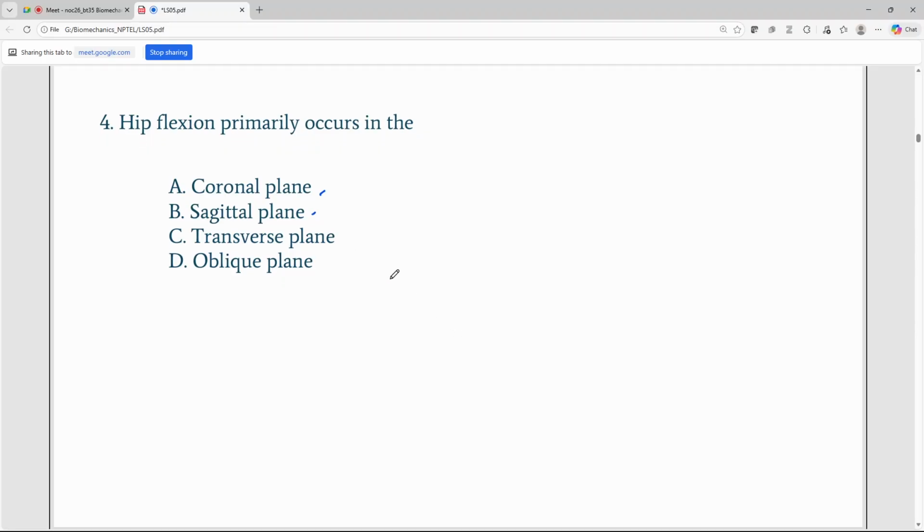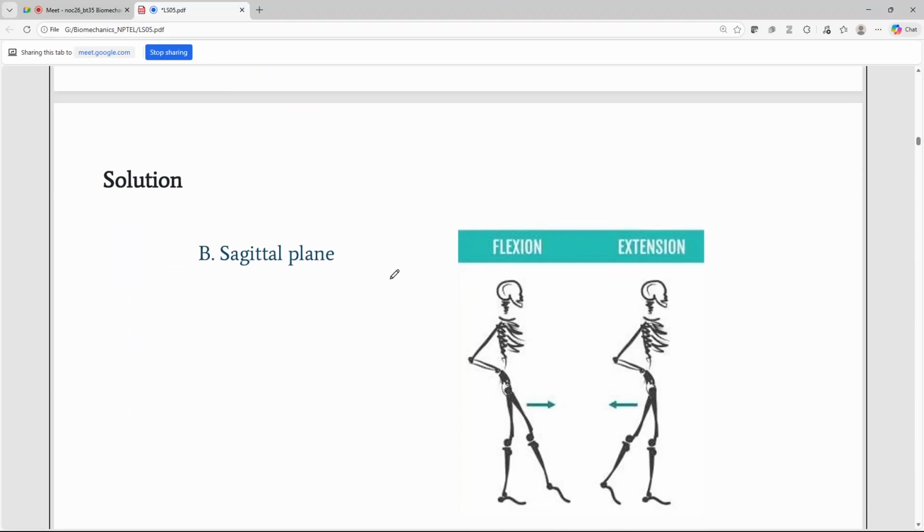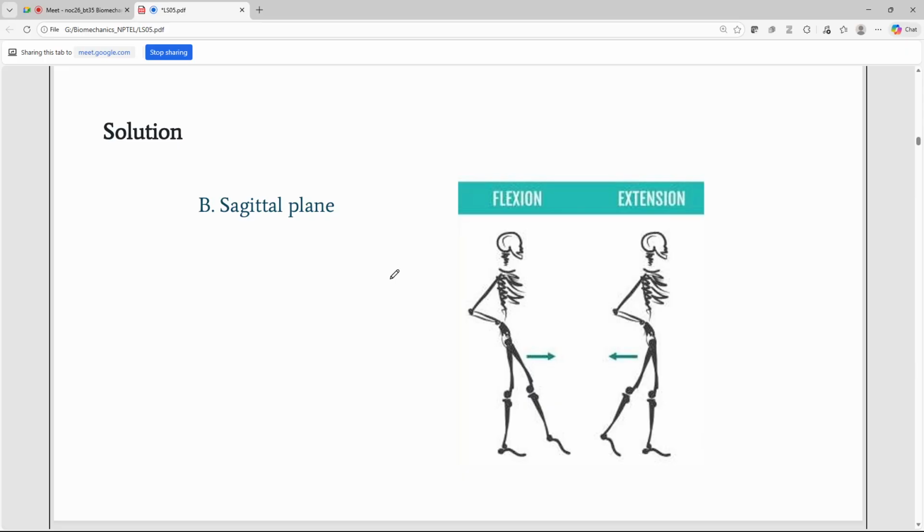Answer is option B, sagittal plane. So it's not transverse plane. It occurs about the transverse axis or left-right axis, but it occurs in the sagittal plane. Option B.